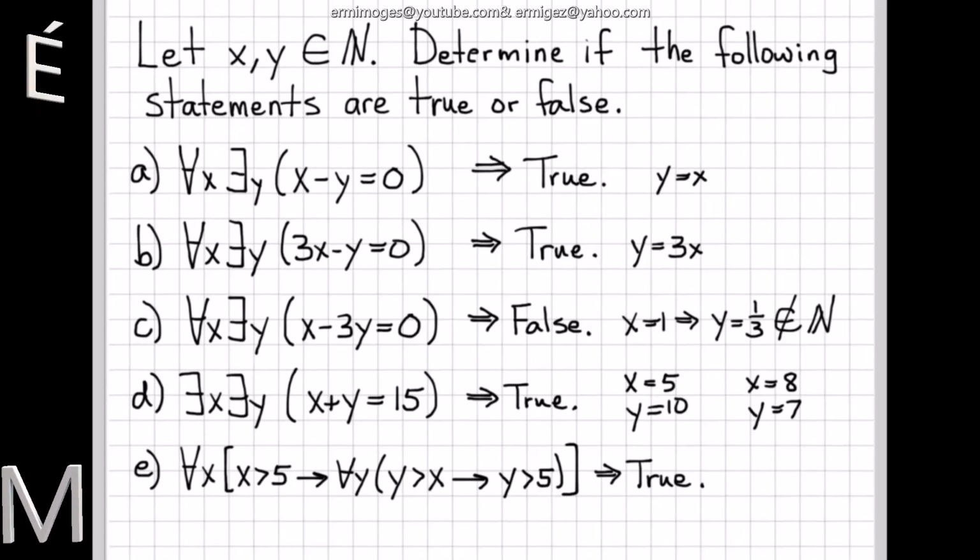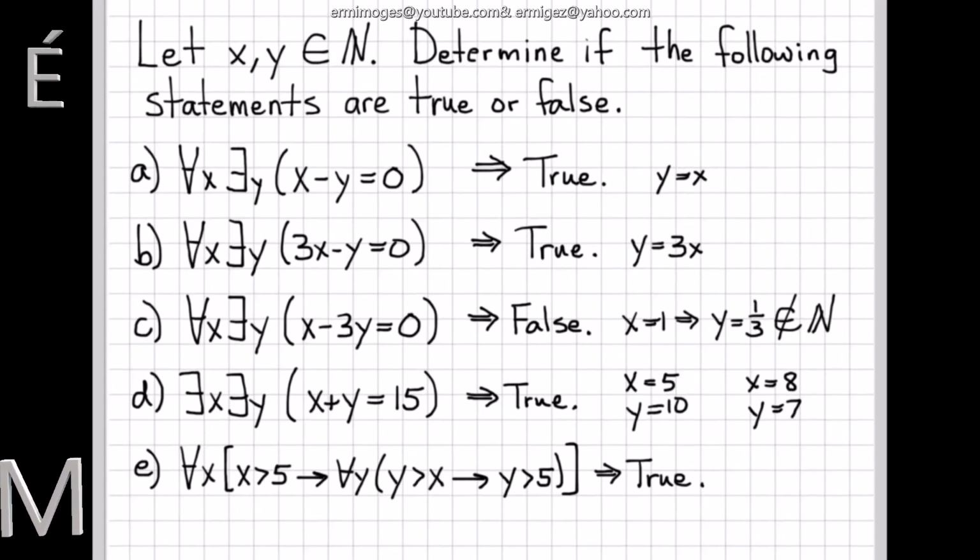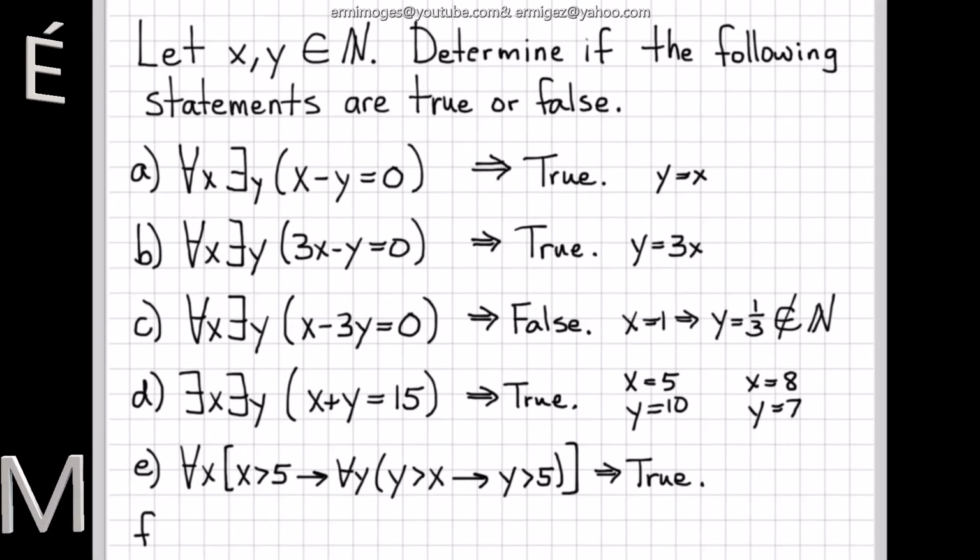This implies that y is greater than 5. Well, obviously this is true for the numbers we just listed. We said that y has to be 7, 8, 9, 10, 11, and up. So clearly y is greater than 5. So this is a true statement.